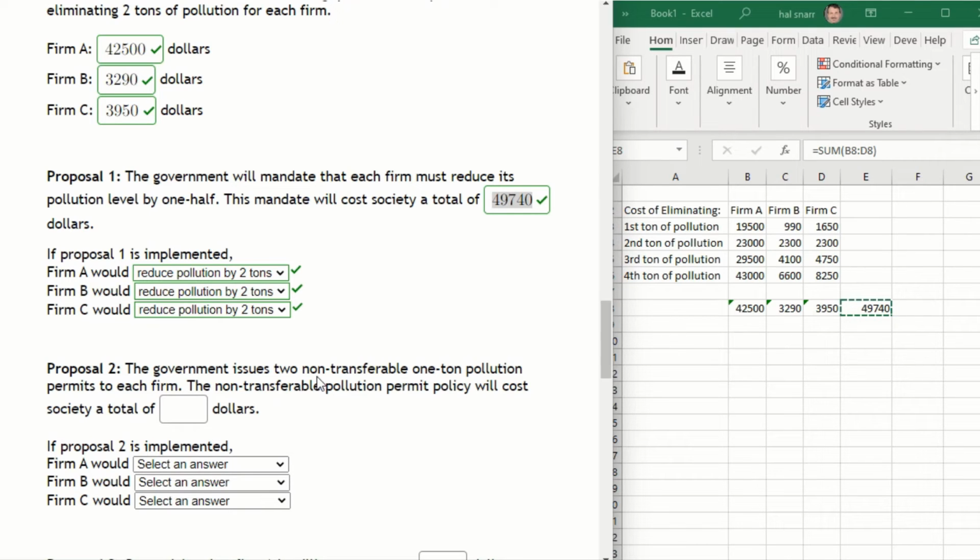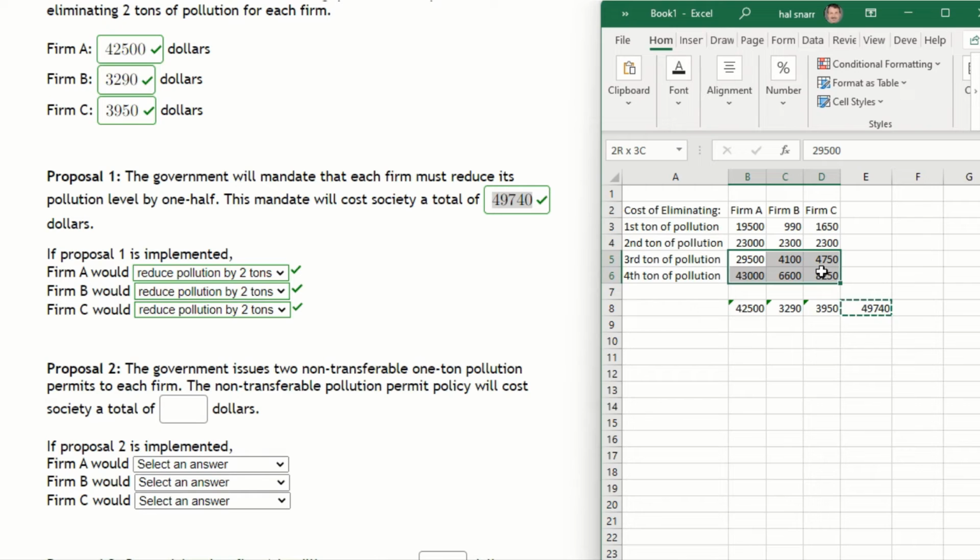So this gives the firms a license to pollute 2 tons each, right? But it's non-transferable. That's the key. So what ends up happening here is the last 2 tons are really expensive given the firm. So this is basically a license to pollute 2 tons of pollution, right?